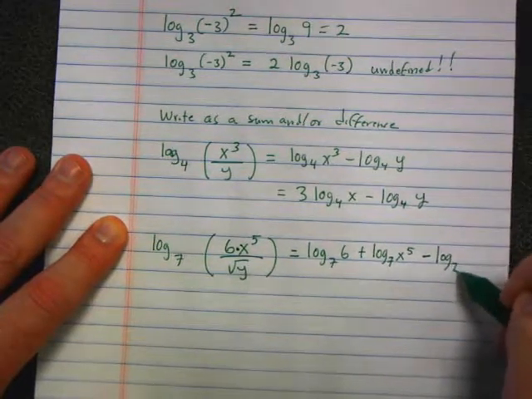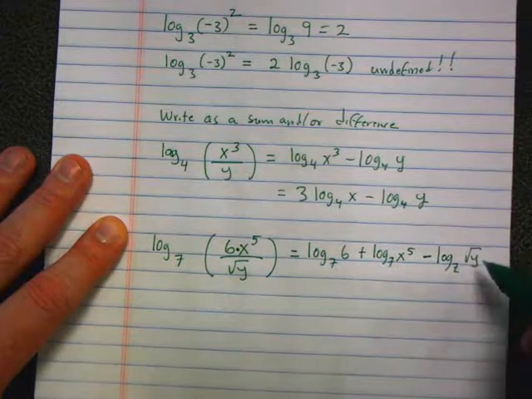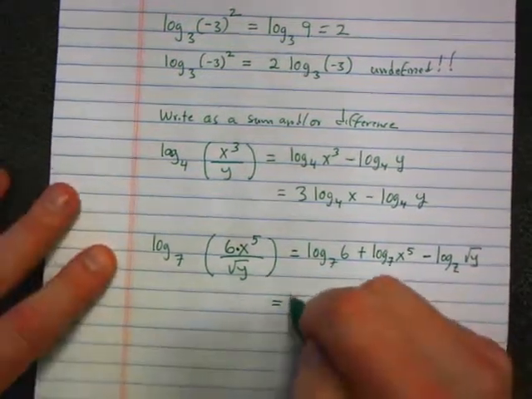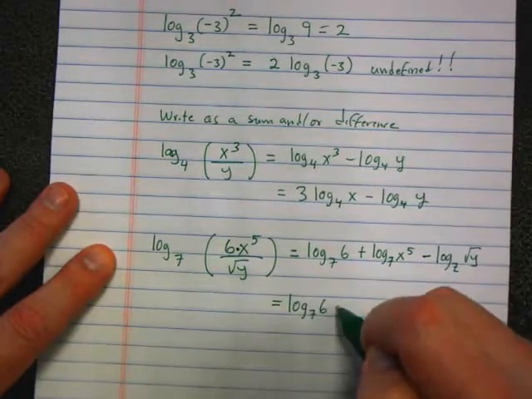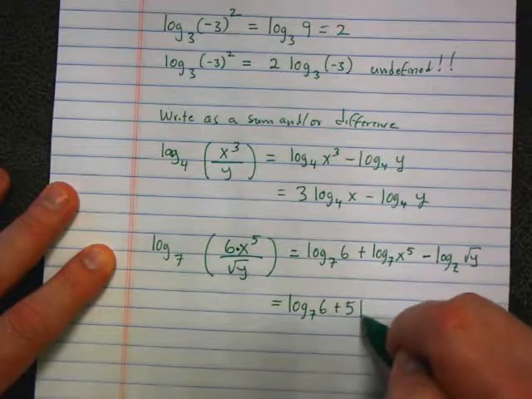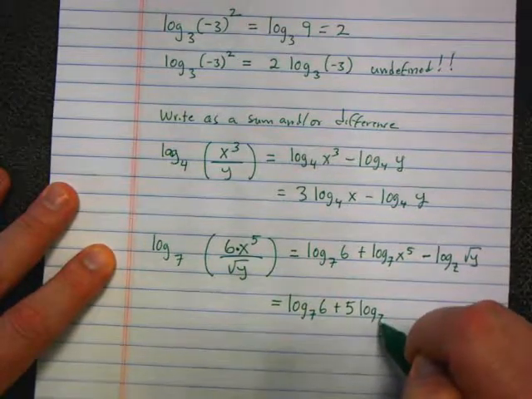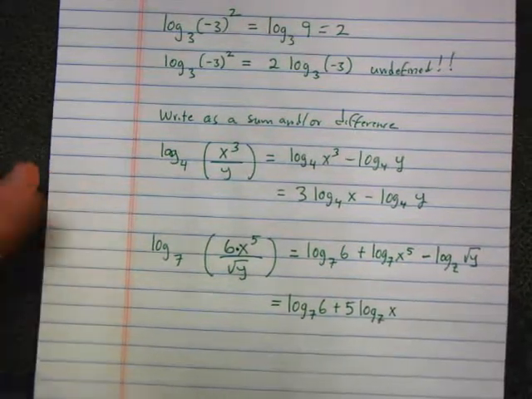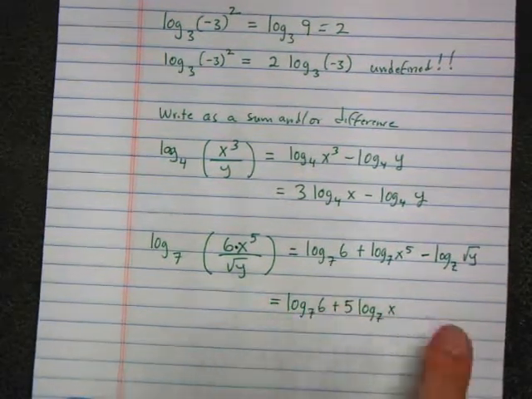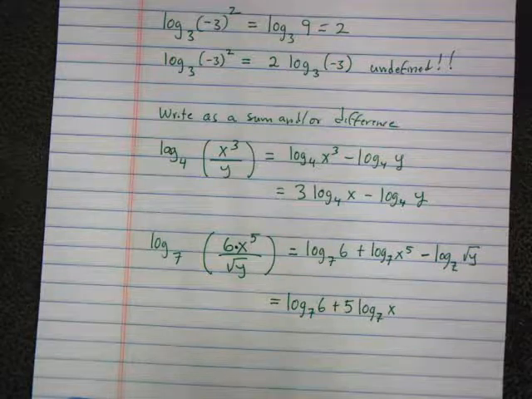Log base 7 of square root of y. Log base 7 of 6 plus, this 5 comes down front, 5 log base 7 of x. So there's where your mistake was. You had the 5 in front of both of those. But you've got to do the multiplication first, and then the exponents.